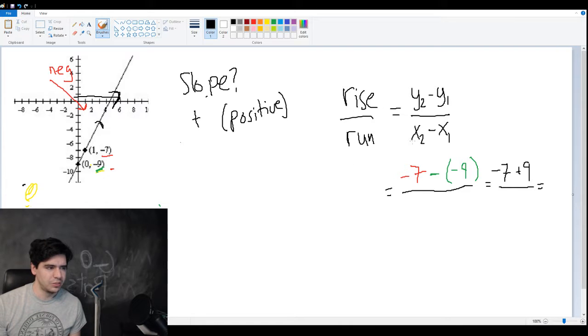Let's go down to the run. Let's look at the x value of my second point. Right here is a 1. And I subtract the x value of my first point, which is a 0.